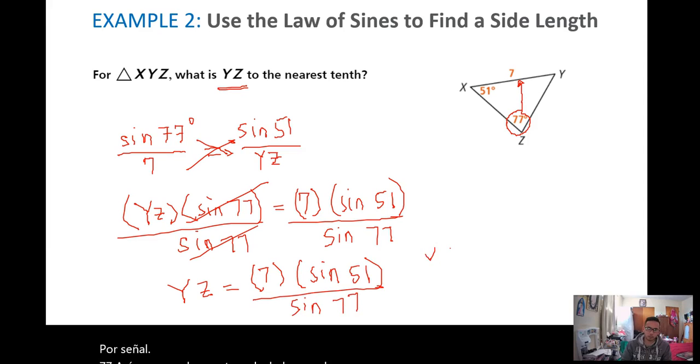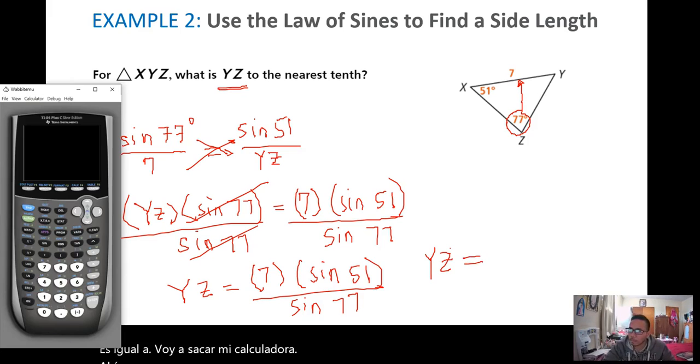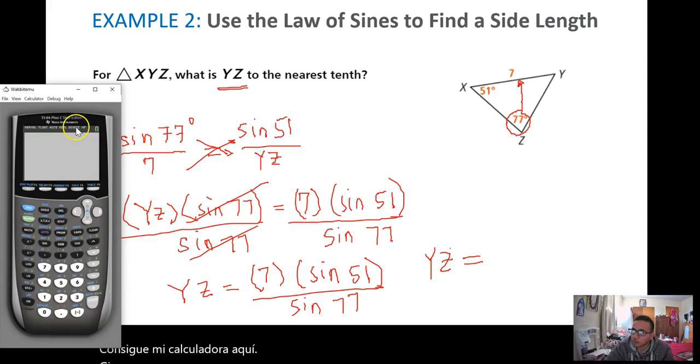So the measurement of YZ is equal to, I'm going to pull out my calculator. Turn it on, and make sure that it's in degree mode. I press alpha y equals to make a fraction there, and press 1. So I have a fraction.